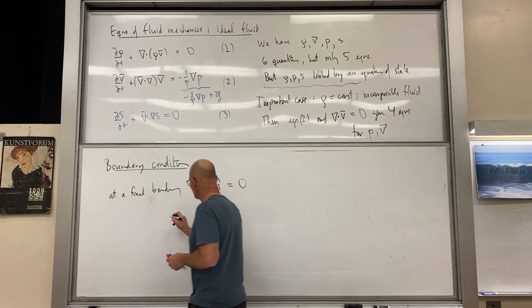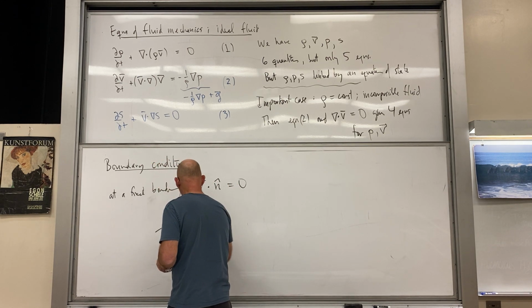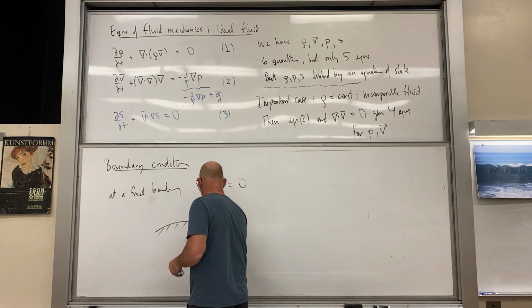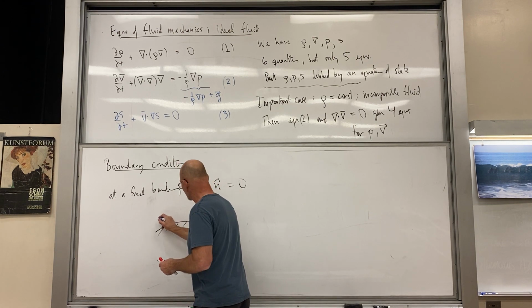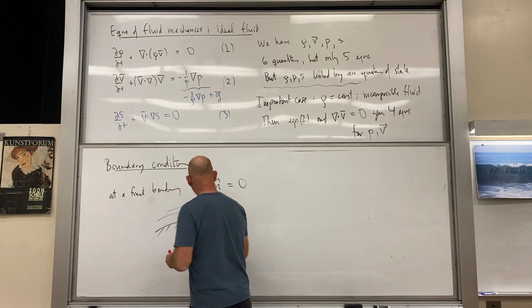What that means is, so here's our surface over which we have a flow. We'll use another color, so we got some kind of flow here, right?